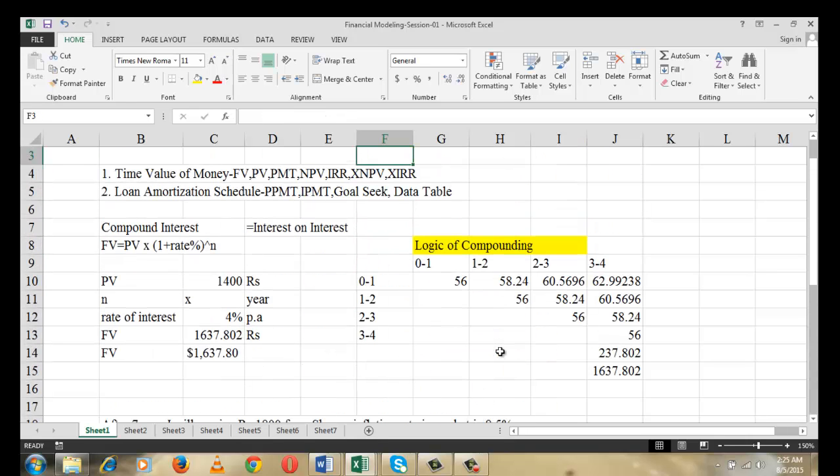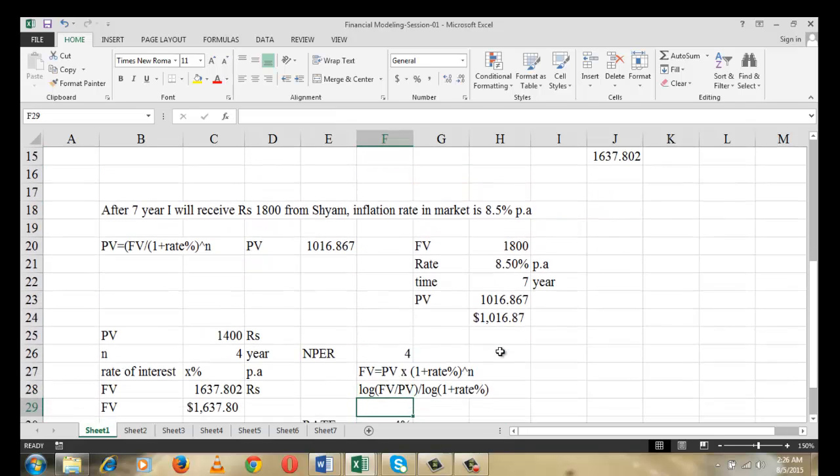Here you can talk about continuous compounding.